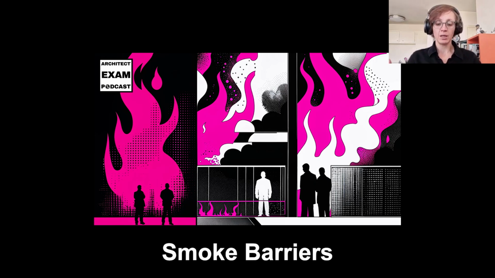So what does that mean? Let's say I have a hospital and there's a surgery area, a pre-op, and a post-op area. Depending on the size of this floor plate, we'd want to designate smoke compartments. Let's say I have smoke compartment A that's separated from smoke compartment B with a smoke barrier.